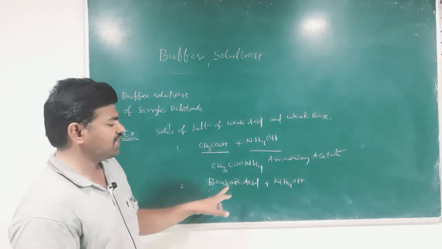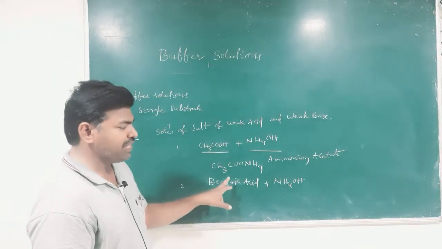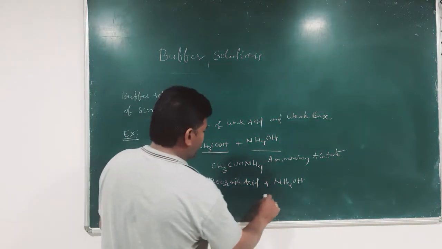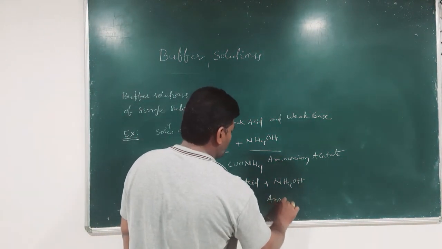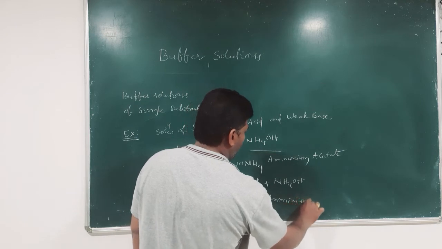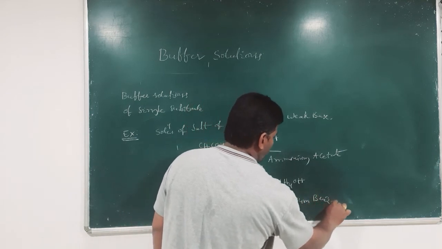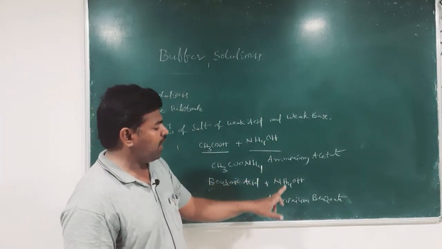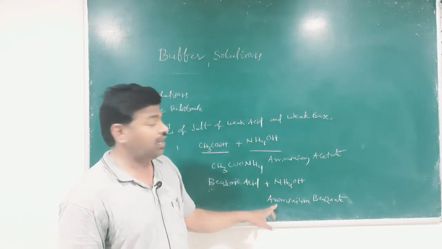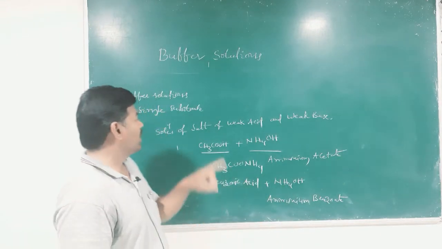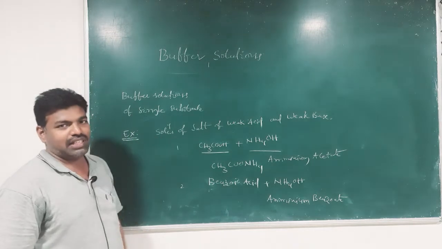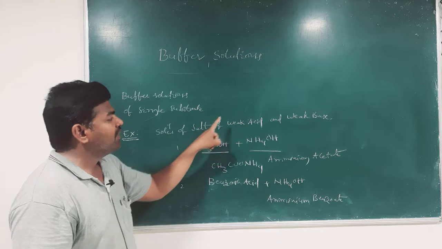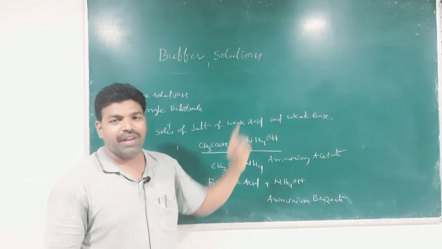The salt from the combination of benzoic acid and ammonium hydroxide is ammonium benzoate. So ammonium acetate and ammonium benzoate are two examples of buffer solutions of a single substance. Buffer solutions of a single substance are solutions of a salt of a weak acid and a weak base.